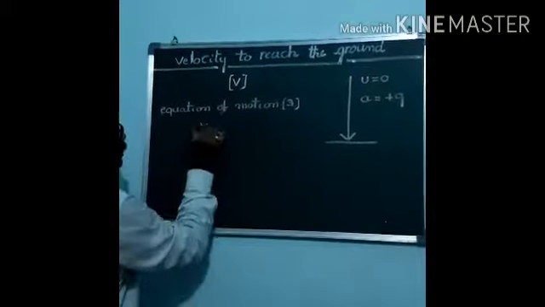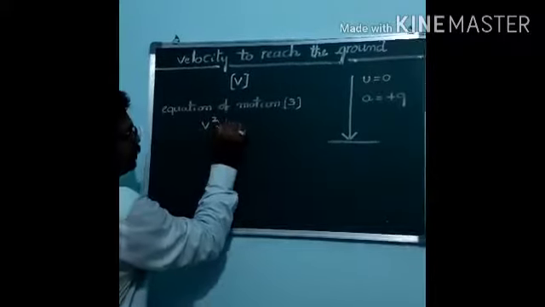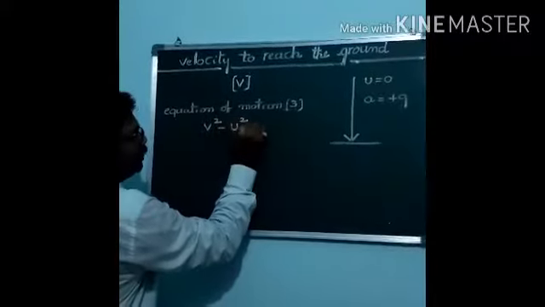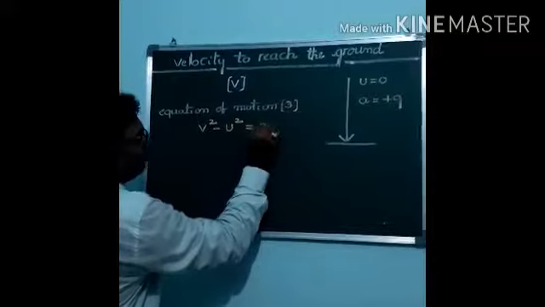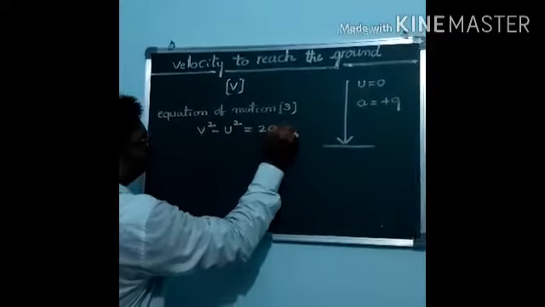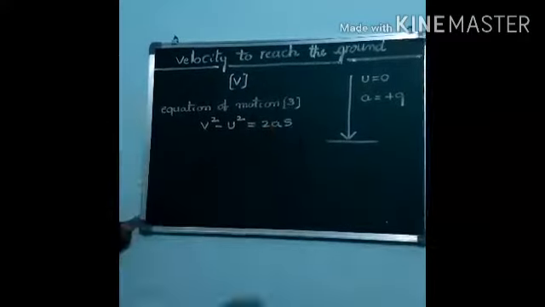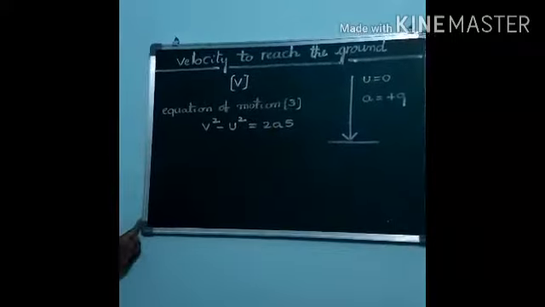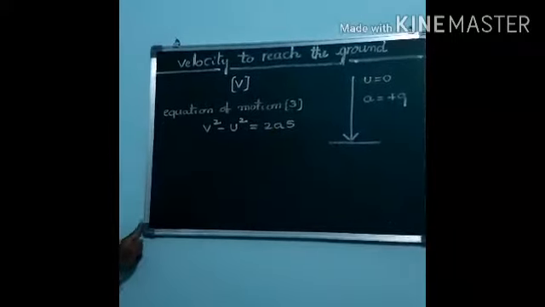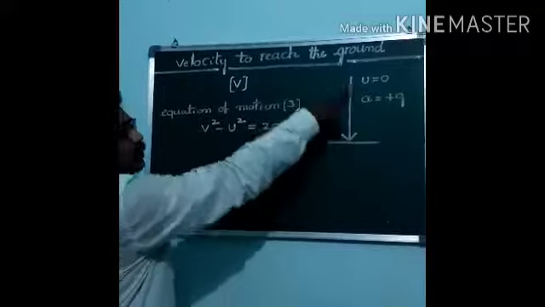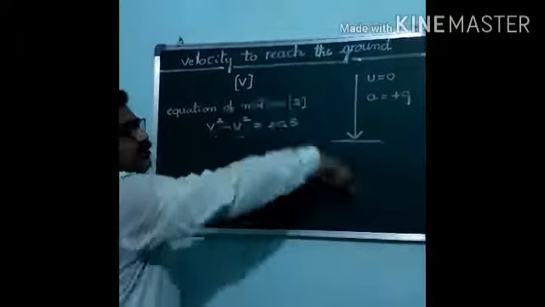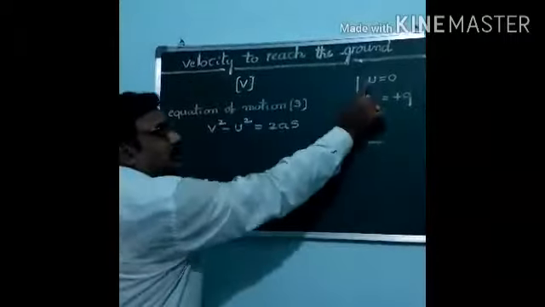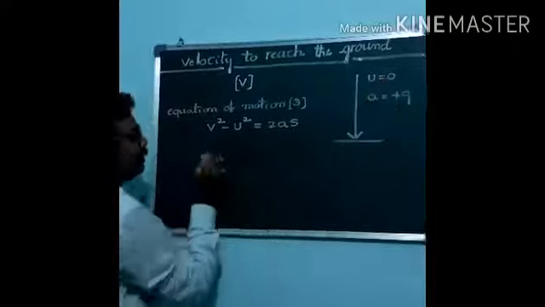V square minus u square equals 2as. Substitute the conditions. In the case of a freely falling body, vertically downwards, u is 0 and a is plus g.